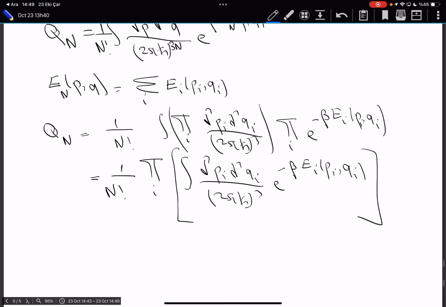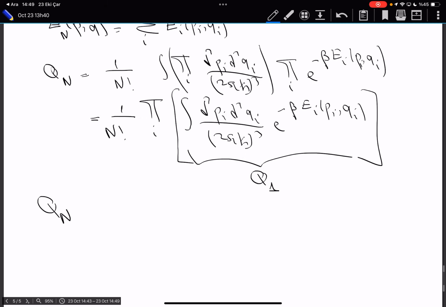But you see that the integral there is nothing but what I would write for the partition function if I have a single particle only. So let me just call this Q1. So the partition function for an n-particle system, if the particles are not interacting with each other, can always be written as the partition function for one of those identical particles raised to the power n divided by n factorial.